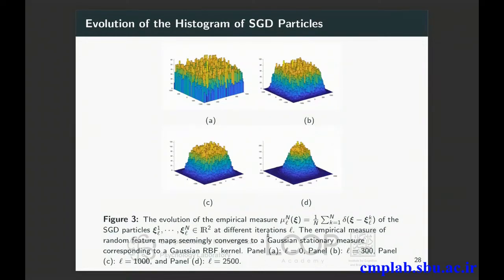You can plot the histogram of these particles. Suppose I initially choose these particles from a uniform distribution, and this is the histogram. As you can see, after a couple of iterations of SGD, these particles take a very interesting shape, which looks like a Gaussian distribution.